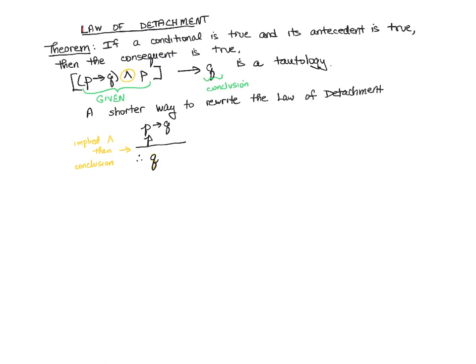It's read therefore Q or then Q. So I will be doing this. Whatever goes above the line is the antecedent or the given, and whatever goes below the line is the consequence, Q. And this is another way to write the law of detachment. And again, we could have three things above the line.